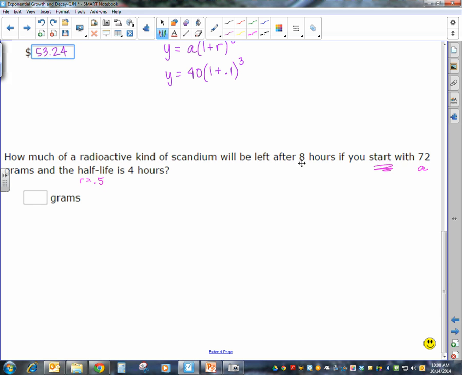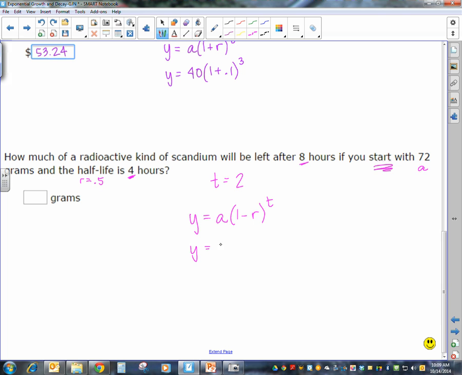And after 8 hours, but the half-life is 4 hours. So how many 4 hours are in 8 hours? That gives you 8 divided by 4 is 2, so your time is going to be 2. So half-life means I'm decaying, so I'm going to subtract my interest rate.